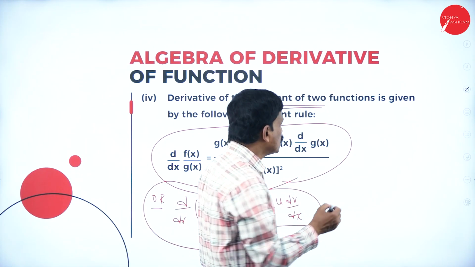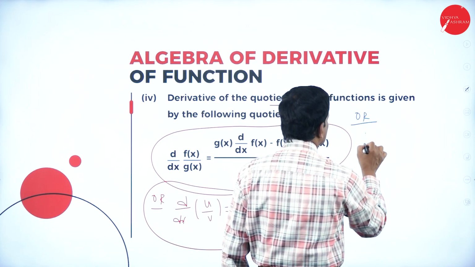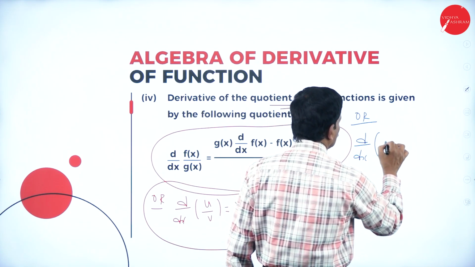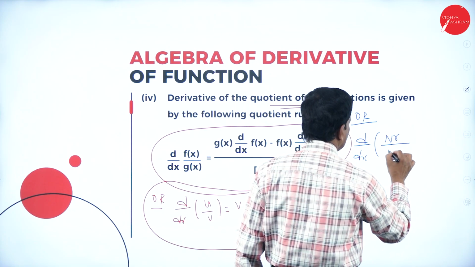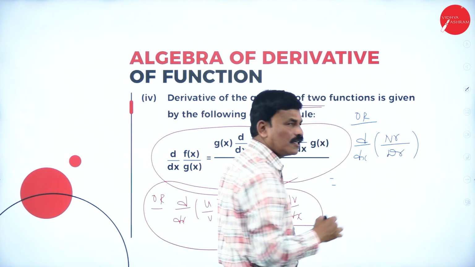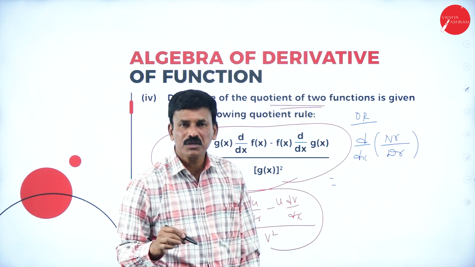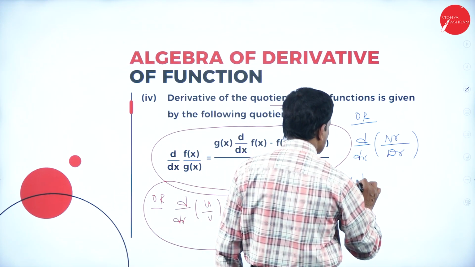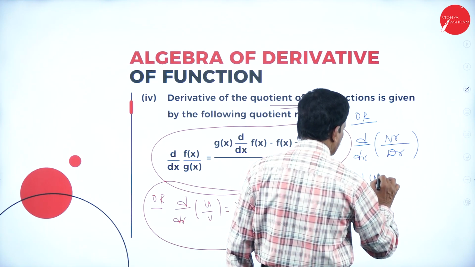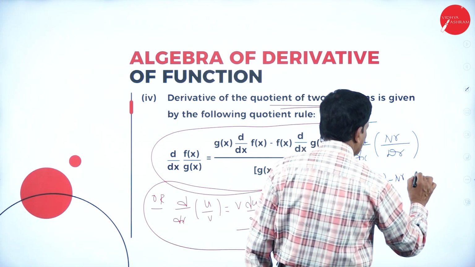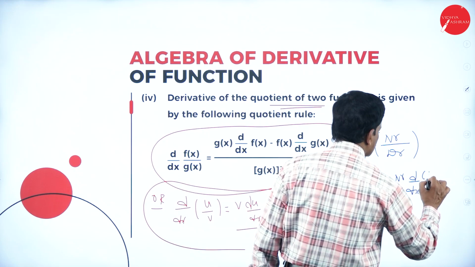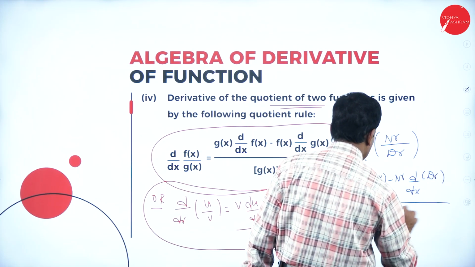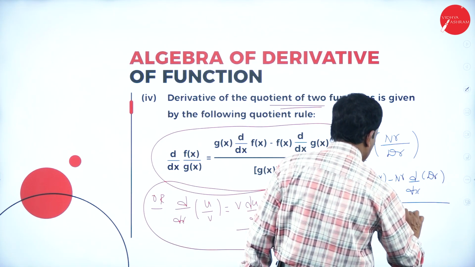This can also be written as d by dx of numerator by denominator. Nr means numerator, dr means denominator. So, denominator into d by dx of numerator minus numerator into d by dx of denominator, divided by denominator square.